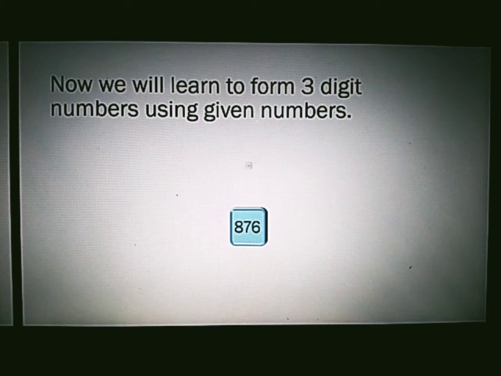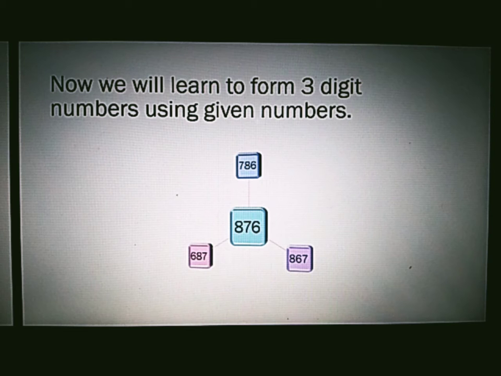For example, 786, 867, 687. This is how we can create more numbers rearranging the given numbers.